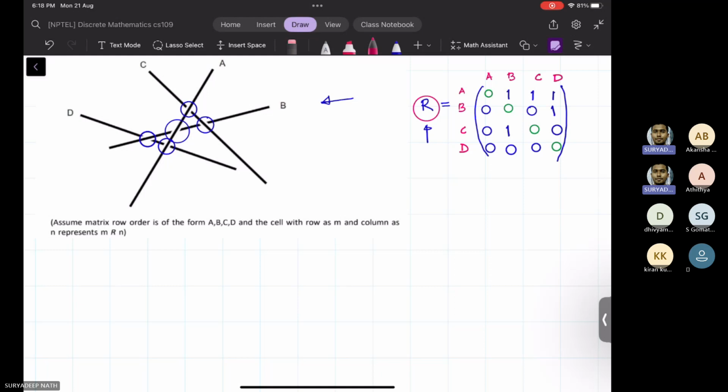So let us draw some sticks. Let us say this is A. A is over B, so we draw like this. Let's say we draw a stick like this.